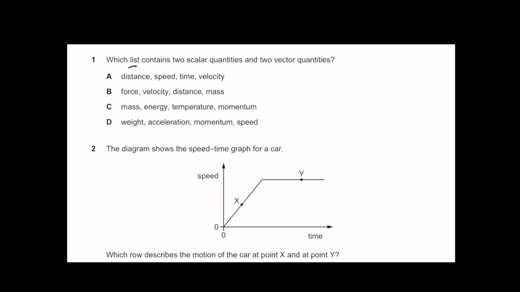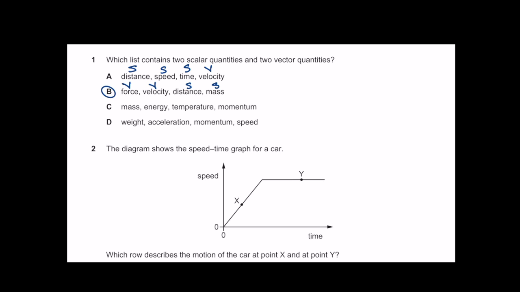So I'm gonna say here, this is scalar. Speed, scalar. Time, it is scalar. Velocity, it's vector, because it has a direction, it's not speed. So again, force has direction, velocity has direction, distance is scalar, and the mass is scalar. So I'm sure the answer here will be B.